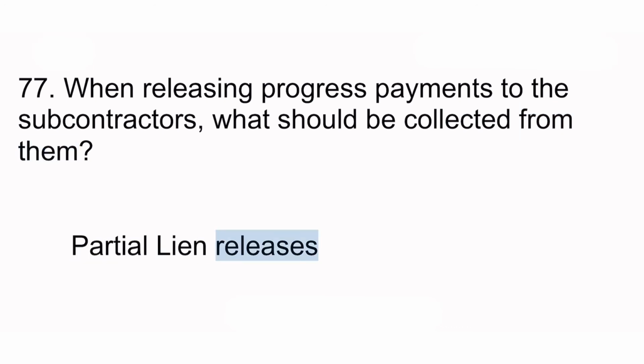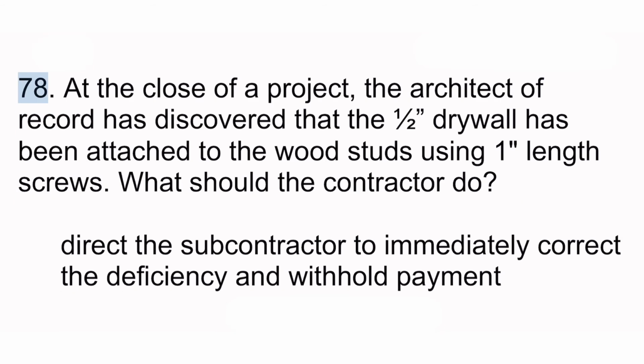Partial lien releases. 78. At the close of a project, the architect of record has discovered that the 1/2 drywall has been attached to the wood studs using 1-length screws. What should the contractor do? Direct the subcontractor to immediately correct the deficiency and withhold payment.